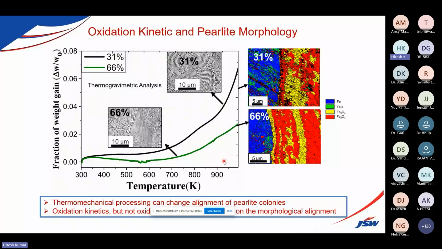In iron, normally, if you are heating it in the presence of air, oxygen, there are three different phases possible. One is hematite, Fe2O3, then Fe3O4, magnetite, then FeO, wustite. So these three different phases can be present.